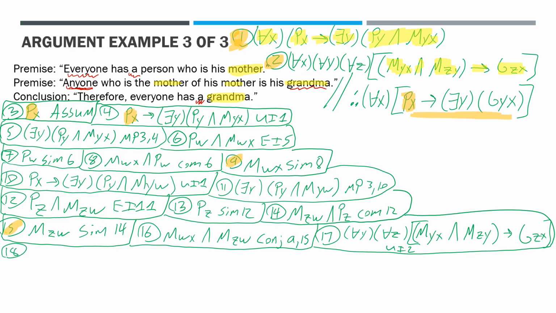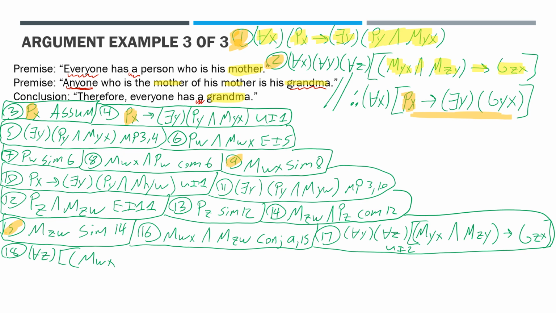For 18, we're going to do another universal instantiation. So now we'll have for all z, m wx, so we'll substitute w in, w x, because we are working with that variable y.